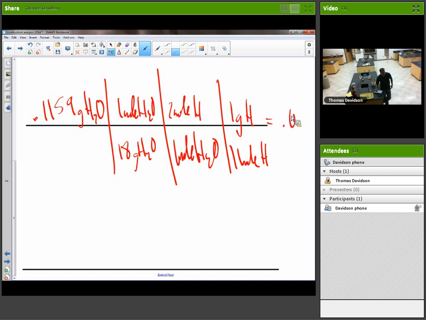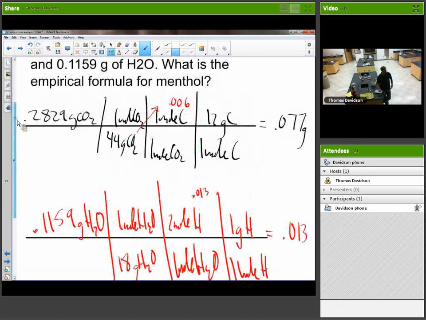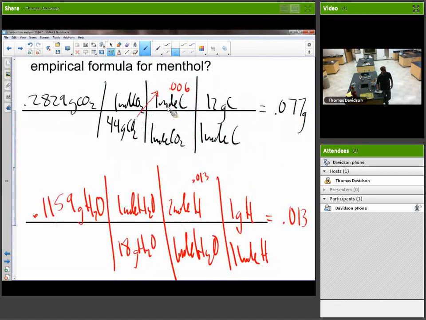Point oh what? 0.013. Did that right too. All right. And then hydrogen's nice because it's the same value, right? Yep. 0.013. That's looking hopeful because those are almost half-Cs, right? We'll see. Still got oxygen to deal with.